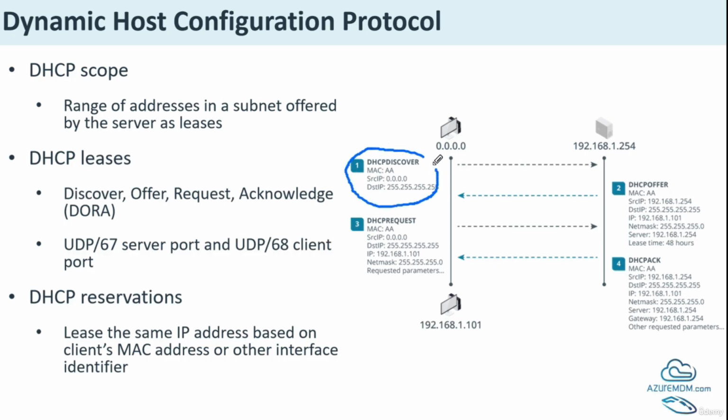The server responds with a DHCP Offer with an IP of 192.168.1.101. Then the request: the device sends a DHCP Request to confirm the offered IP. And then acknowledge: the server finalizes with DHCP ACK, the lease, assigning the IP and settings like gateway and subnet mask.